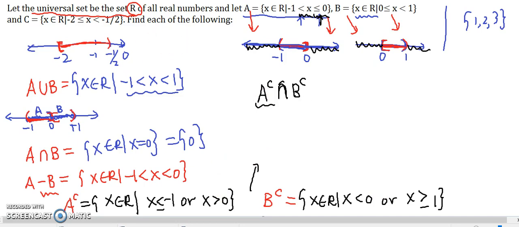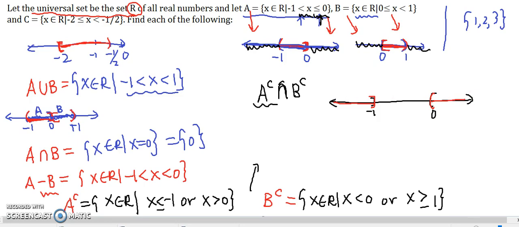This one is a little tricky because they all have two parts. Drawing a number line will help us do the problem. What is the complement of A? It's the numbers less than or equal to -1, or the numbers greater than 0, not including 0. So that's all of these numbers here, these and these.